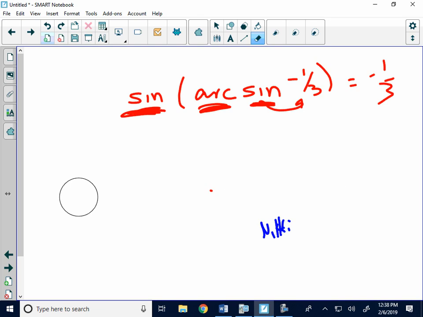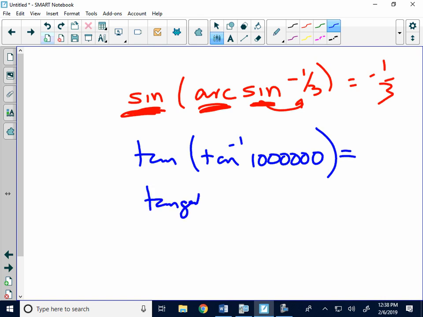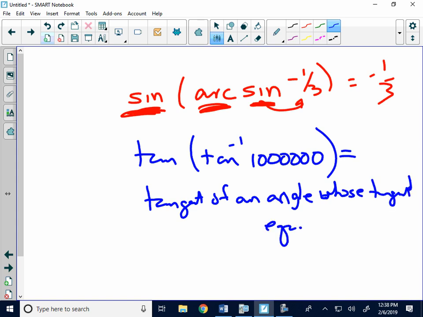What is the tangent of the tan inverse of 1,000,000? What is the tangent of an arc, or angle if you want, you can think of that, whose tangent equals 1,000,000?